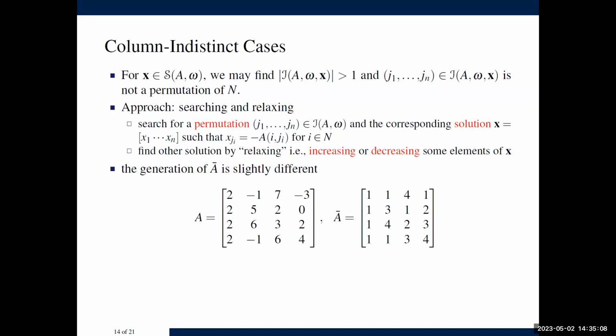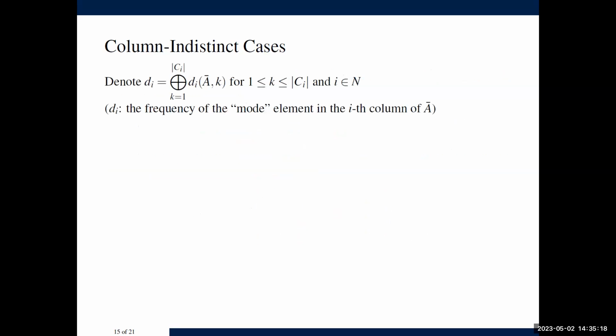And then for the third and the fourth columns, there are no duplicates, so we can write 1 until 4 with the corresponding order. Now, we define Ti as the frequency of the mode, which is the element with the most appearances in the i-th column of A bar.